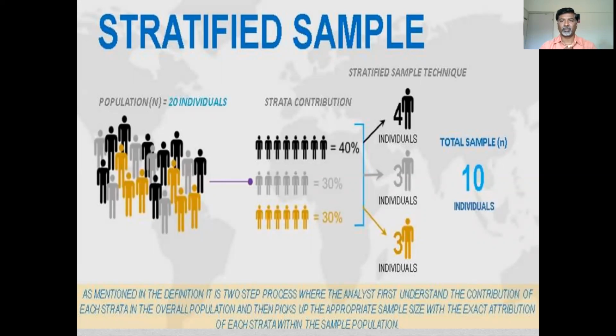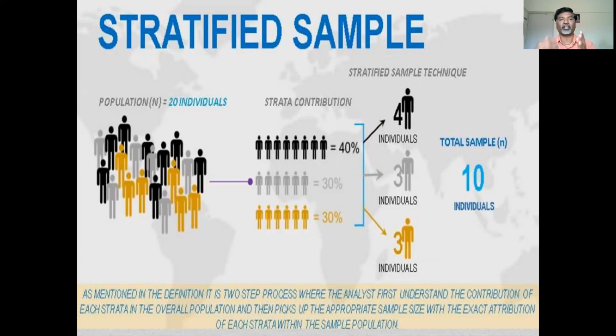From this diagram, you can identify that if there are 20 individuals, and from that we have to select 10 representatives, then we have to create different strata. In the figure, black, gray, and yellow are the three colors.